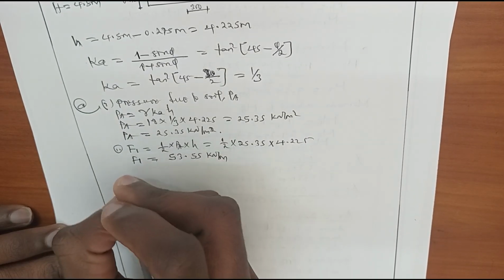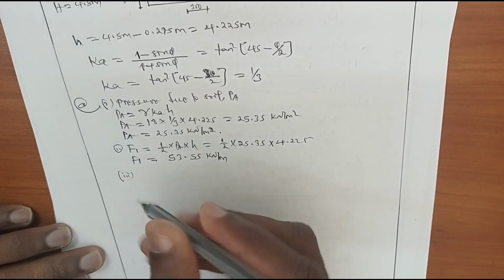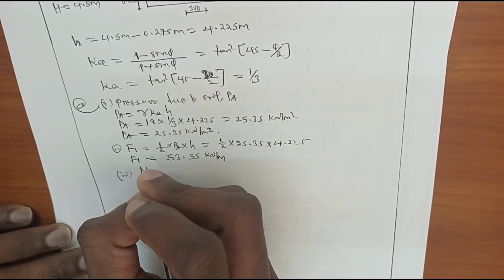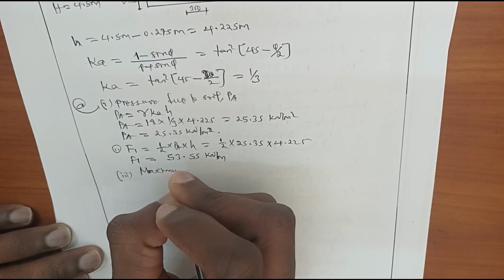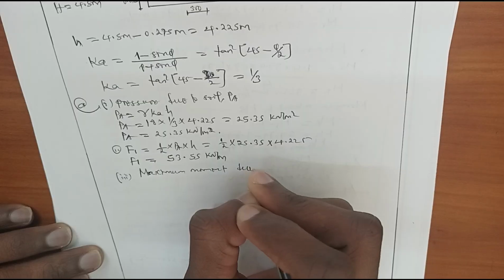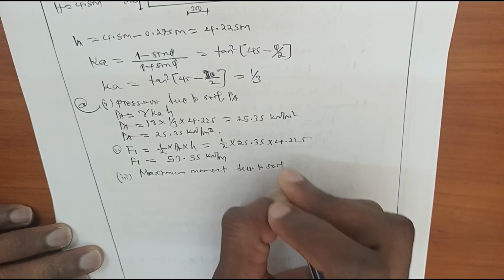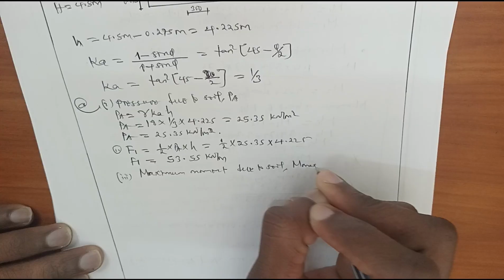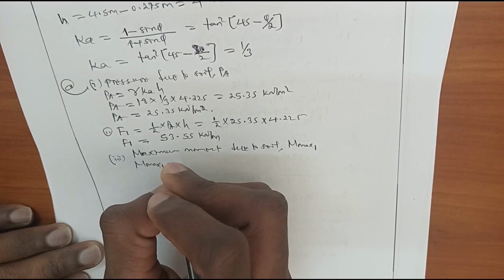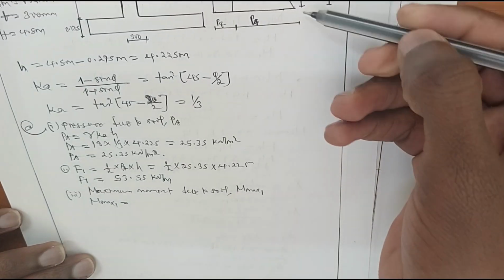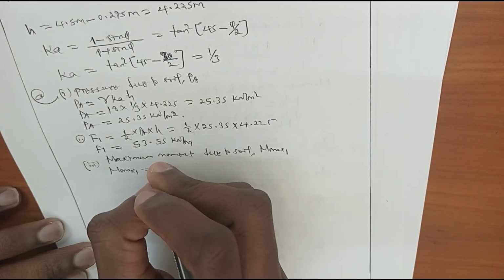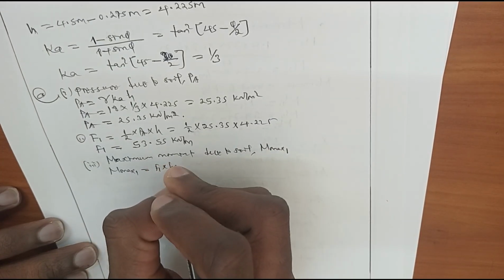Now, next, let's determine the maximum bending moment due to soil. Let's say this is maximum moment 1. This maximum moment due to soil is obtained by taking this horizontal force times its perpendicular distance, which is F1 times h over 3.